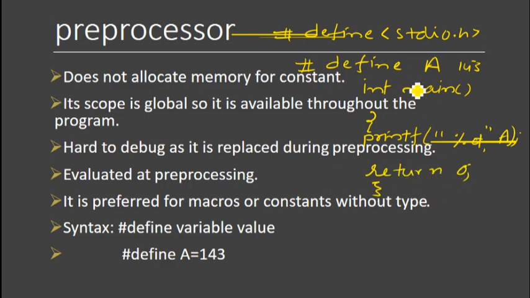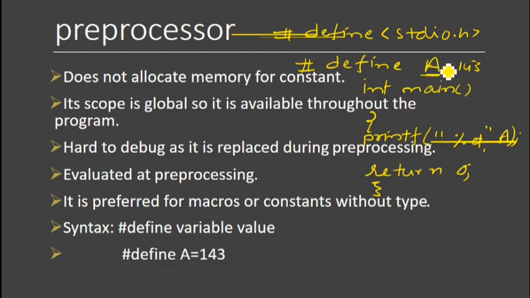Now let me check. It does not allocate memory for the constant, because I am mentioning this preprocessor a just as a macro. Wherever there is a, the 143 will be replaced, but I did not mention any data type. I'm not writing #define int a equal to 1. Since I did not mention any data type, memory will not be allocated for this a.